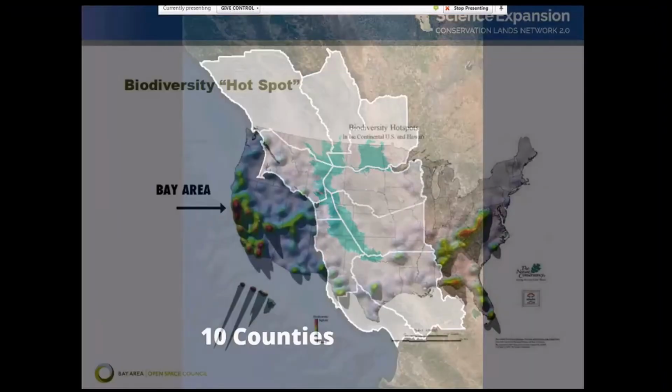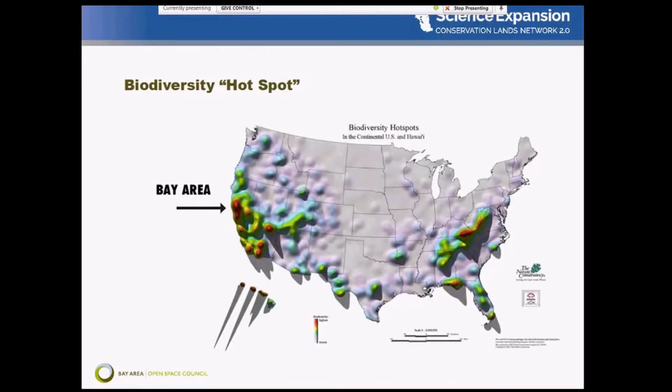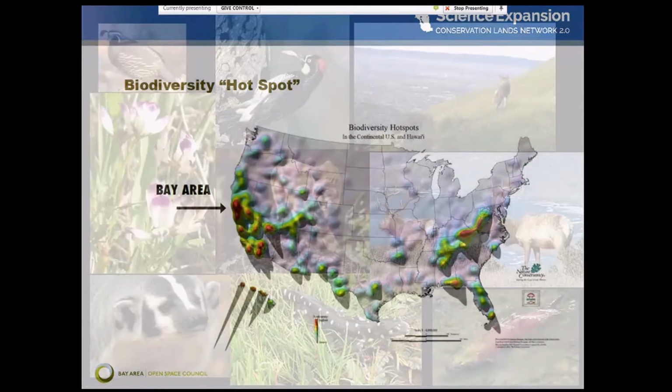As many of you know, California is a biodiversity hotspot in and of itself, but as this map shows, the Bay Area is one of a handful of unique spots in California, which means that we have a lot of plant and animal species that call this place home.